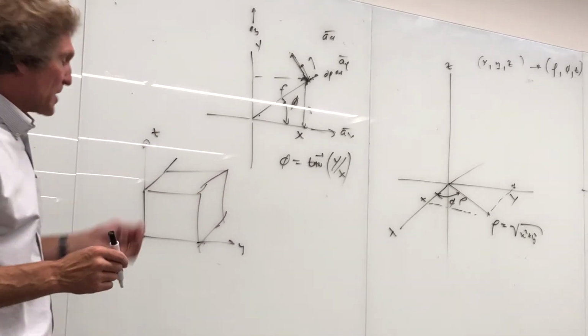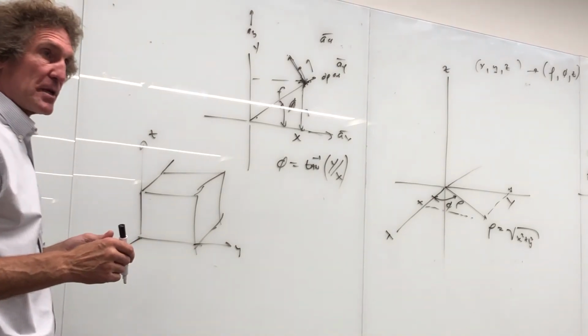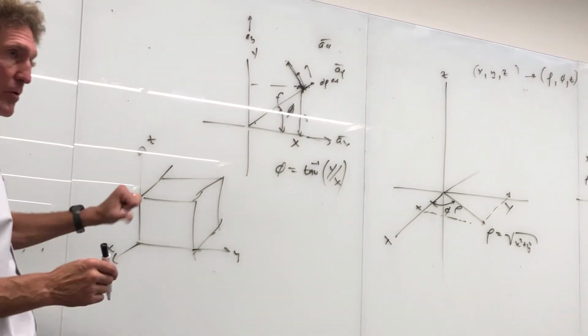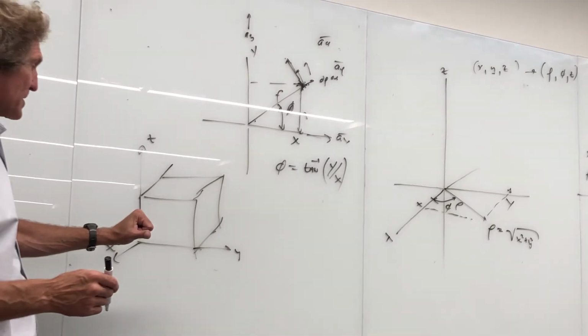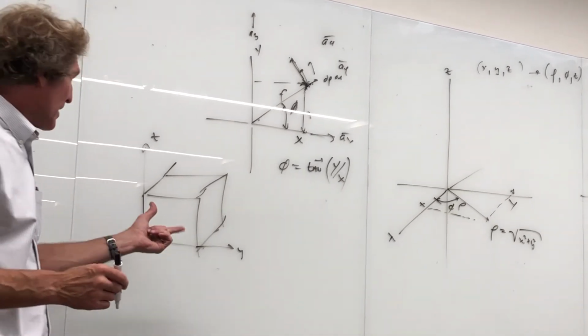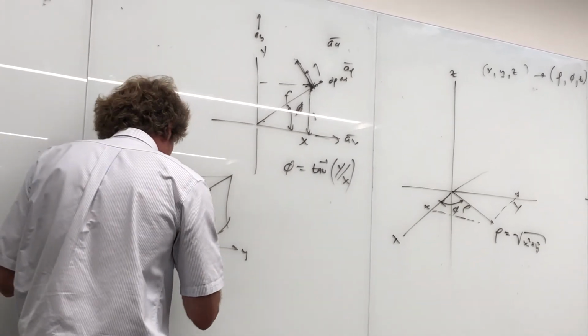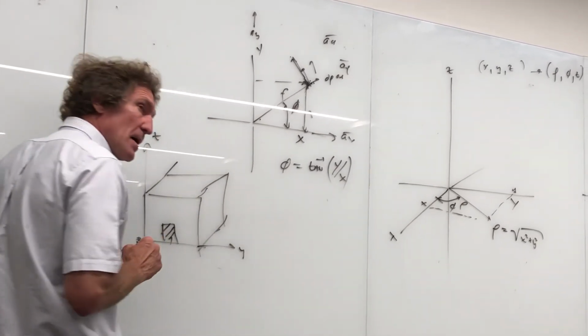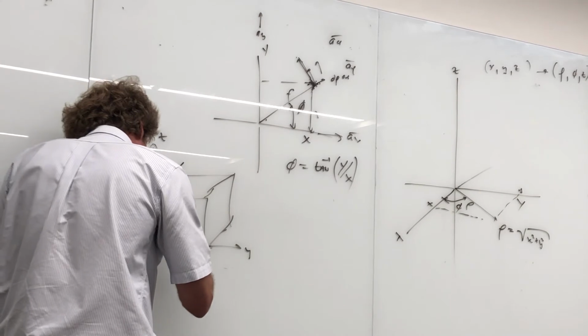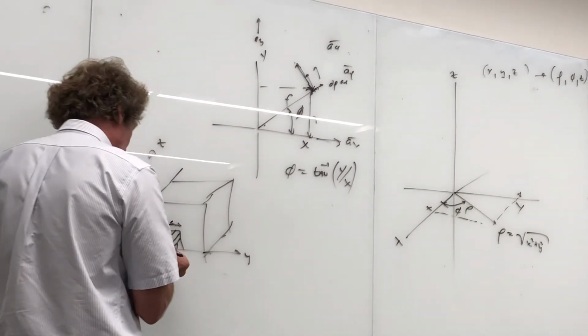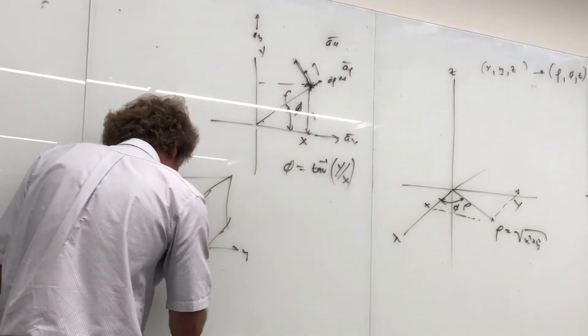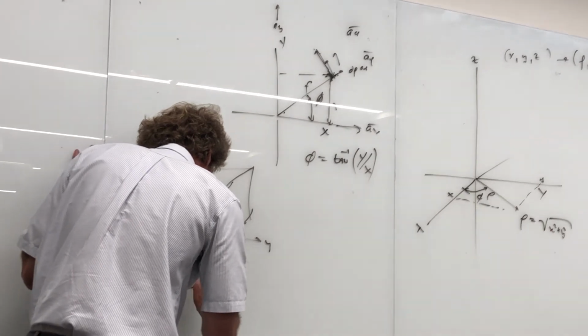Now, a cube has 6 sides to it. Please watch this. X is out of the board, or out of the whiteboard in this case. Y is in the plane but going that way, z is in the plane but going up. If I look at this surface of the cube, right here, I see it has an area of dz dy. So right here, it would be dz dy.